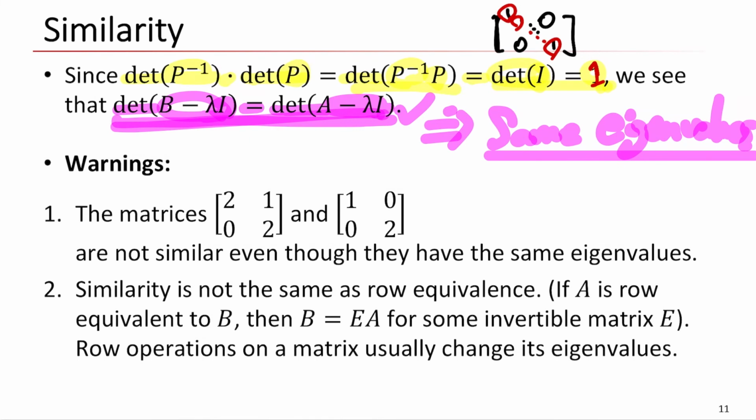Yeah, there are some warnings. First of all, these two matrices are not similar, even though they have the same eigenvalues. So this one and this one might have the same eigenvalues in some cases, but they are not similar.